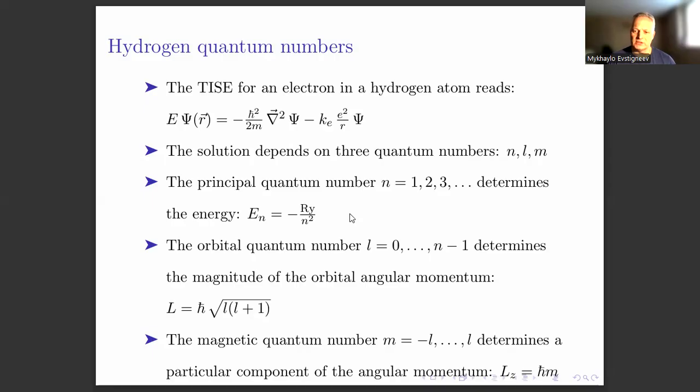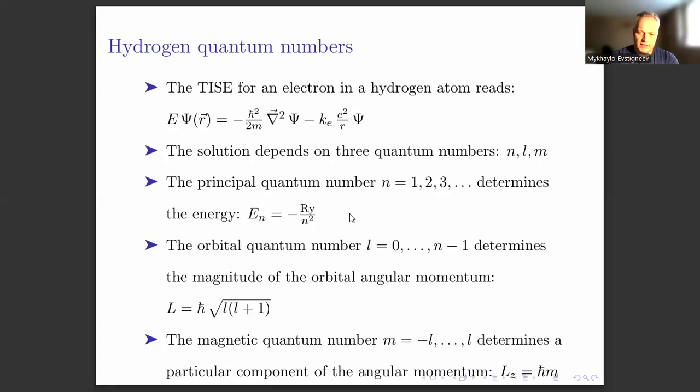The magnitude of that orbital angular momentum is determined by the orbital quantum number, and it turns out that the orbital quantum number changes between 0 and the principal quantum number minus 1. So in the ground state, when N equals 1, the orbital quantum number has only one value, which is 0.